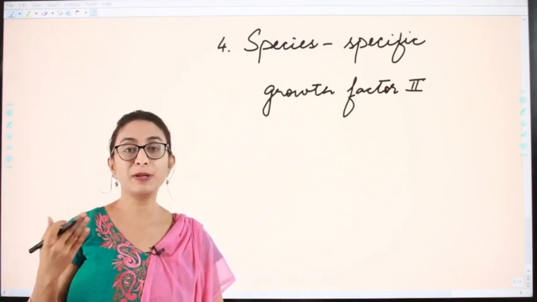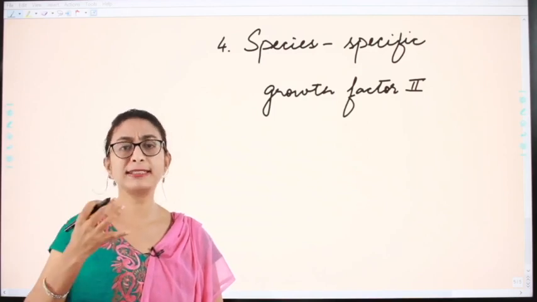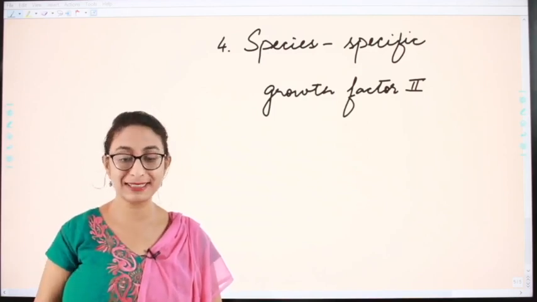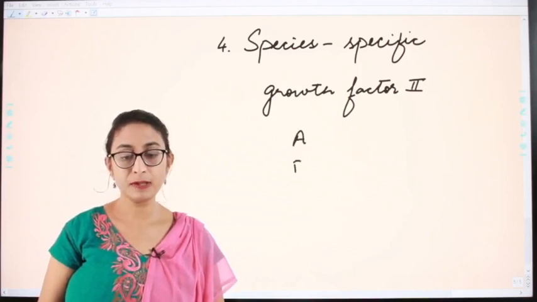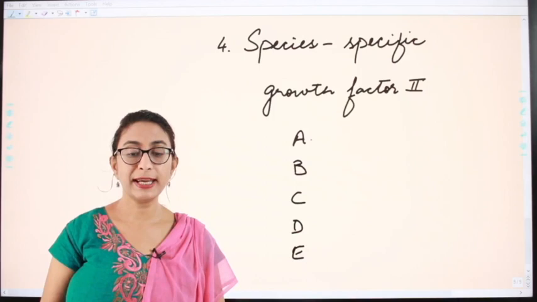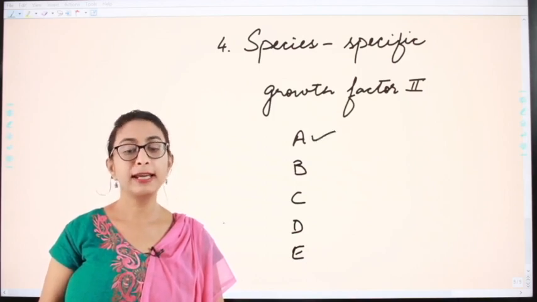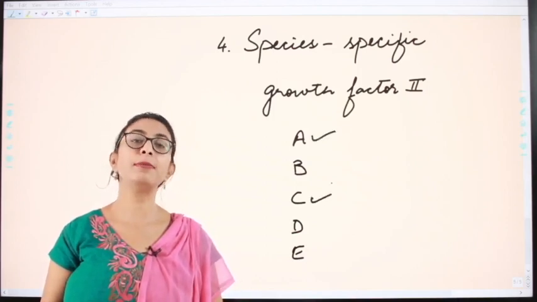Depending on the species, let us take A, B, C, D, E to make things simple. Suppose gene A is being imprinted in human beings. In mice, some gene C will be imprinted.